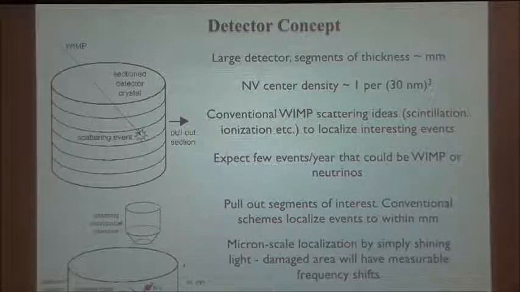Now, with this naive NV center business where you just shine light on the system, you can effectively localize the damage to within a micron or so, because that's the light wavelength. So by just shining light, you won't be able to do localization better than a micron. So how do you go to the nanoscale over here? And this is really the reason why we had to segment the detector.